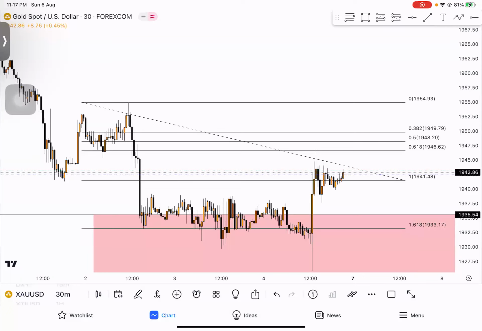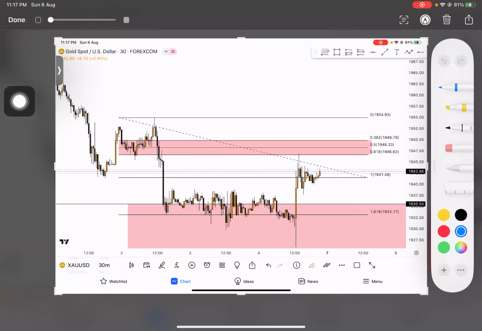So you can just mark these three levels as low risk, medium risk, and high risk. So with these three levels you can identify which one you want to take.